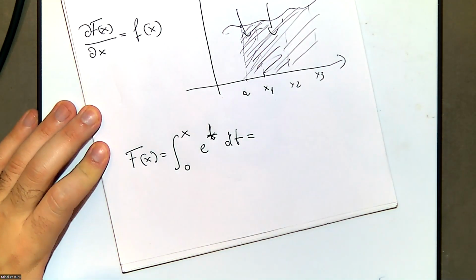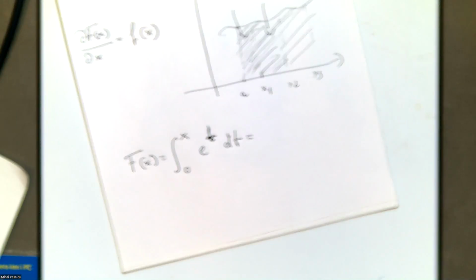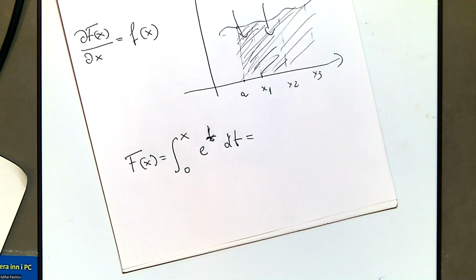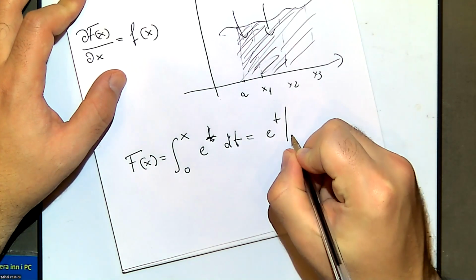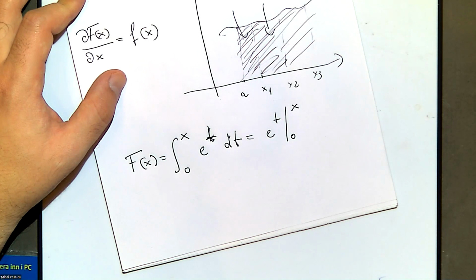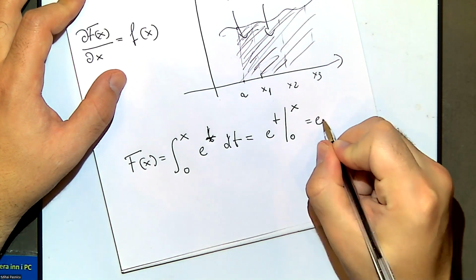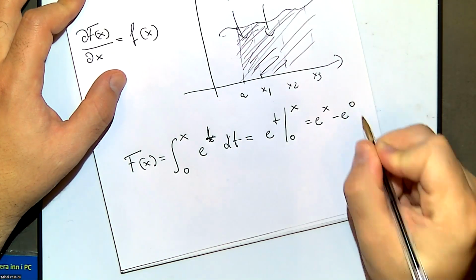What is this equal to? What is this integral of e of t dt? Well, we've solved it many times. It's just e of t from 0 to x. So it's just e to the power of x minus e to the power of 0.